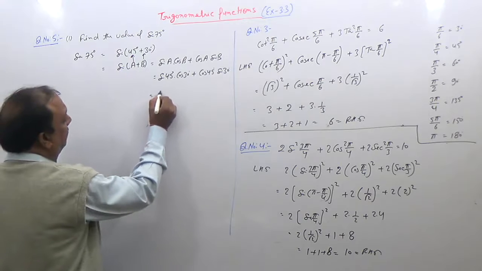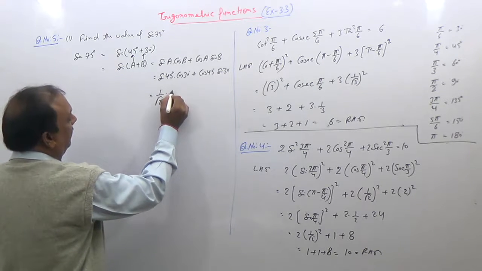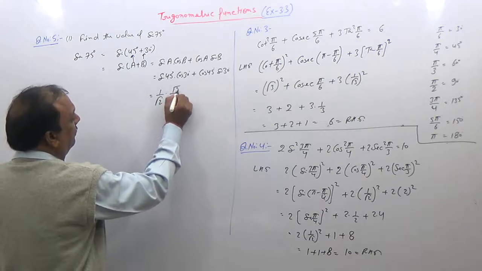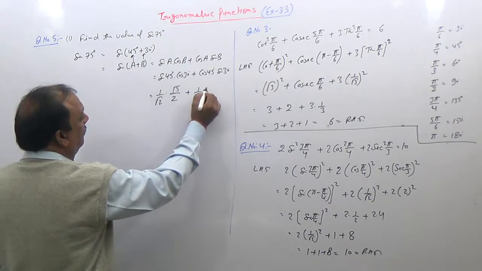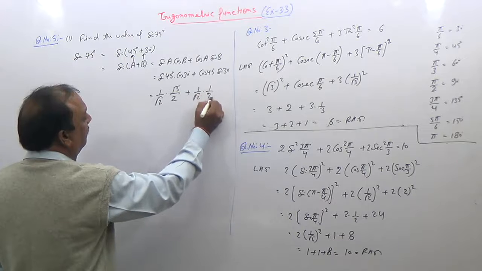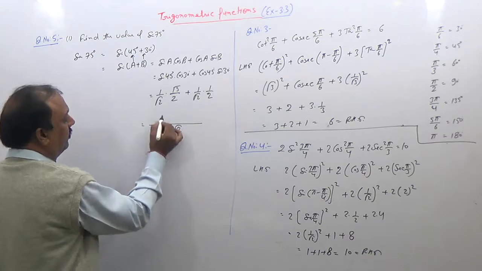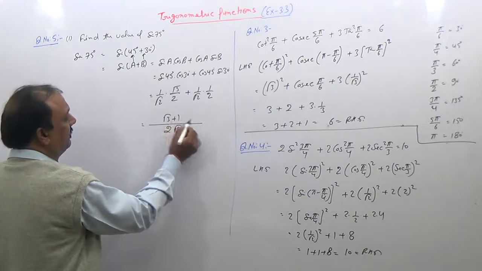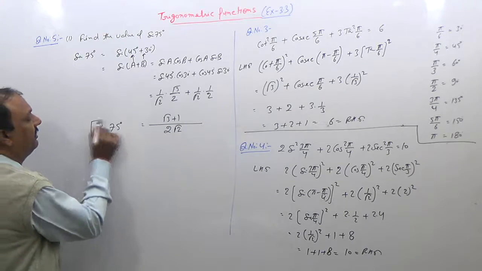We know that sin 45 is 1 upon under root 2, cos 30 is under root 3 by 2, cos 45 is 1 by under root 2, and sin 30 is 1 by 2. So taking LCM 2 under root 2, we get under root 3 plus 1. This is the value of sin 75.